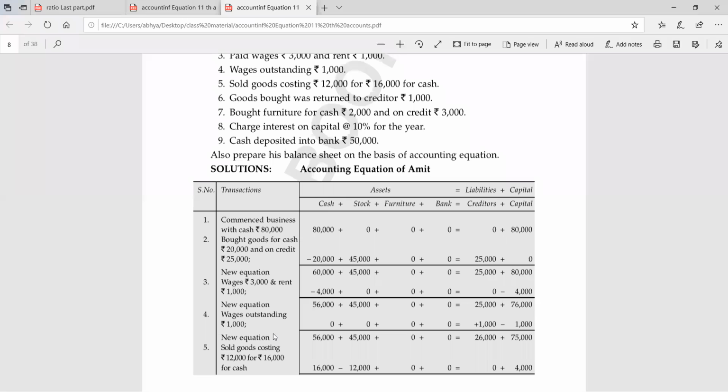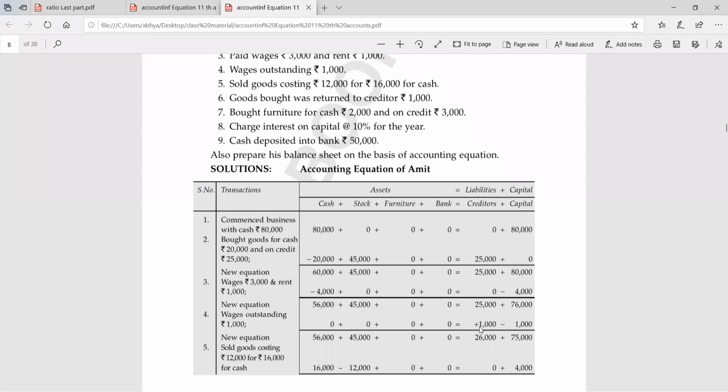So will it be affecting cash? Tell me. Will there be any effect on cash in this case? Yes, everyone is saying no. Yes, cash is not affected at all. So you can see that on cash we have shown zero effect. On stock, zero effect. On furniture, no effect. On bank balance, no effect.